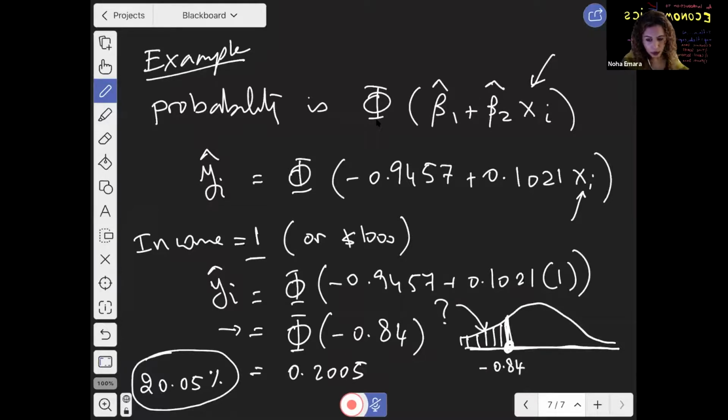All right, again, any question, let me know. As I'm letting you know, this is a very simple example, just 1 x, but we can actually expand this model.